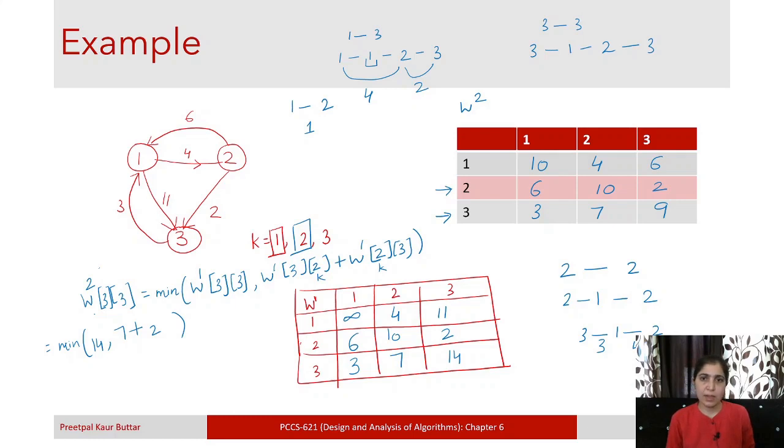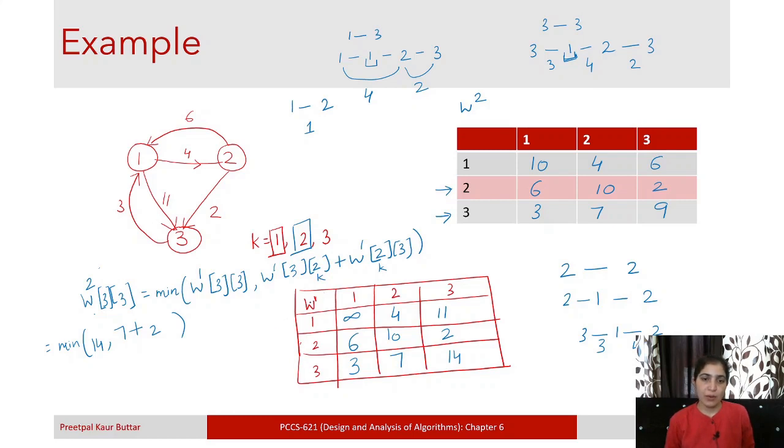There was a path and its distance was 3. Then from 1 to 2 there is a path whose distance is 4, and from 2 to 3 there is a path whose distance is 2. So total is 9, which we are getting here. Okay, so it means in W1 this vertex 1 was included, right? Okay, so W2 is also complete.